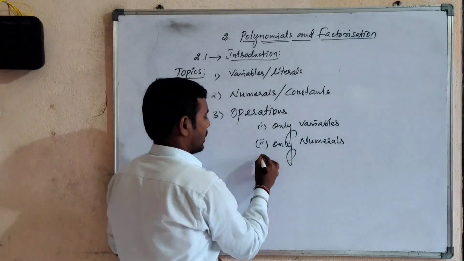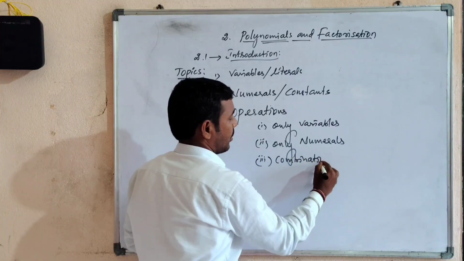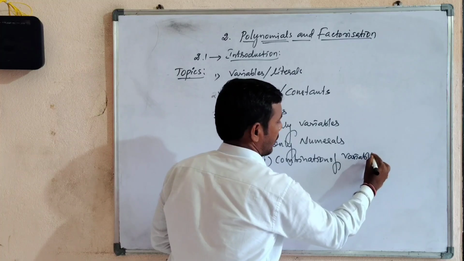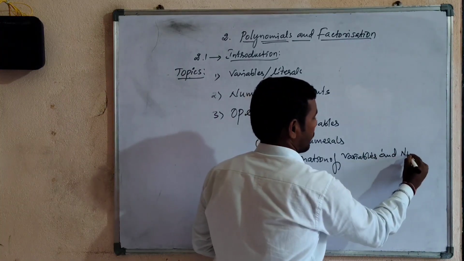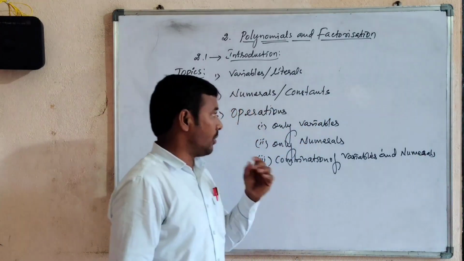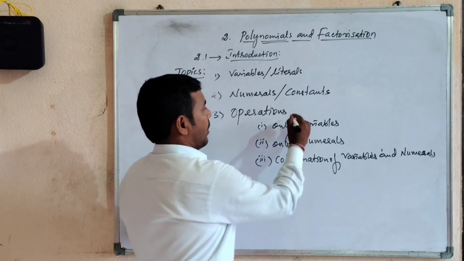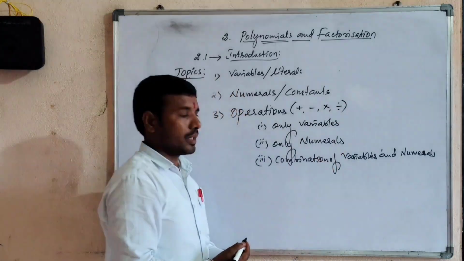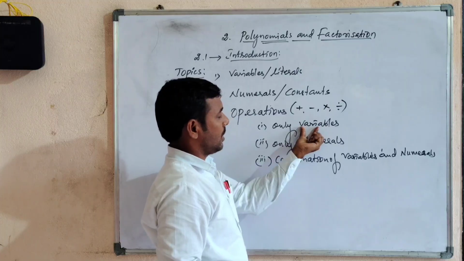Third one is combination of variables and numerals. What is that? Operations are mainly plus, minus, into, division. Those operations are connected to variables and numerals.